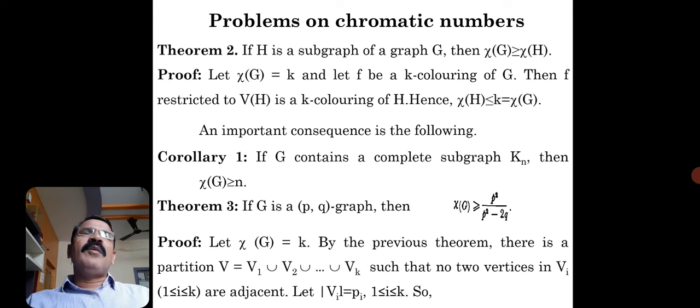minus the sum of the squares of the vertices, that is Pi square, plus summation Pi where i equals 1 to k.